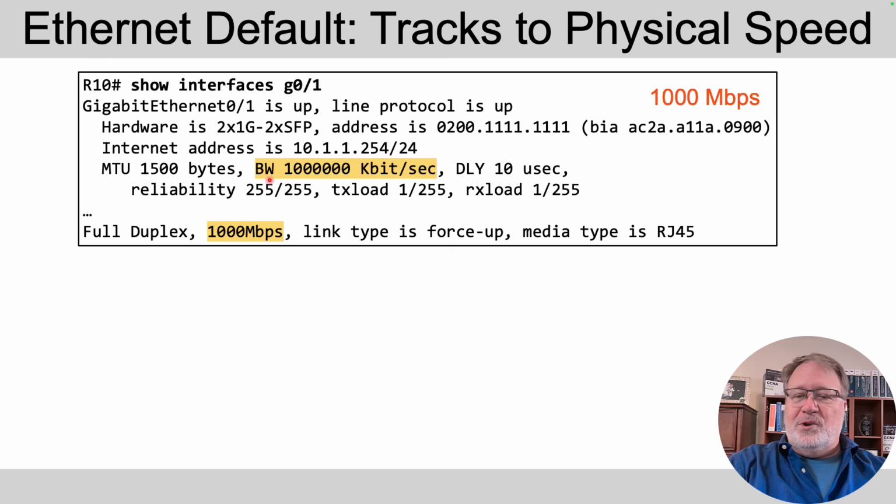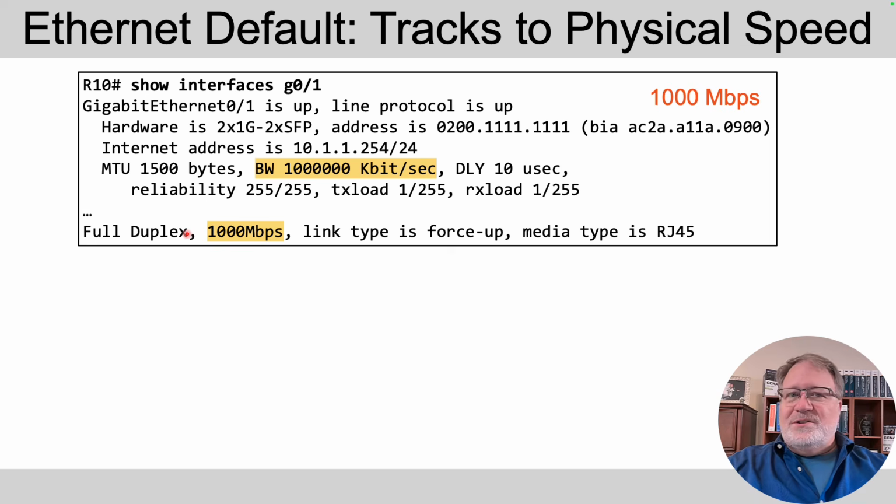It says BW for bandwidth, and that's 1,000,000, if they added the commas in there. So that's 1 million kilobits per second, and you can't change the unit. So 1 million kilobits is the same as 1 gigabit or 1,000 megabits. All right, so this is a reminder that the link is running 1,000 megabits, and there it is in the output of the show command, 1,000 megabits.